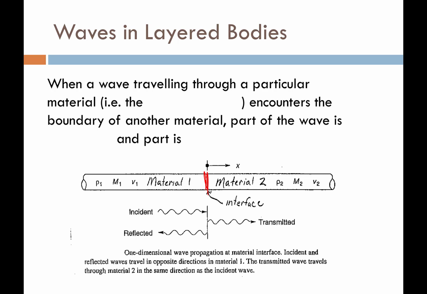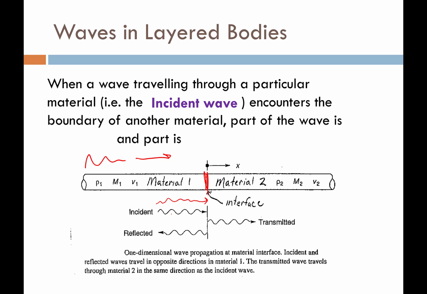So let's say that I have this wave traveling from left to right, and it's traveling through material 1. It's what we call the incident wave. So when you hear incident wave, think about this as like the initial wave, the starting wave. So here's my incident wave. It's traveling from left to right, and it comes in and it hits that boundary.